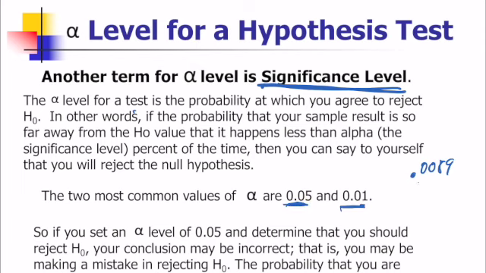That would allow us to reject our null hypothesis. So if you have an alpha level of 0.05 and determine you should reject your H naught, you could have an incorrect conclusion. The probability that you're making a mistake is 0.05, and it'd be a type 1 error.